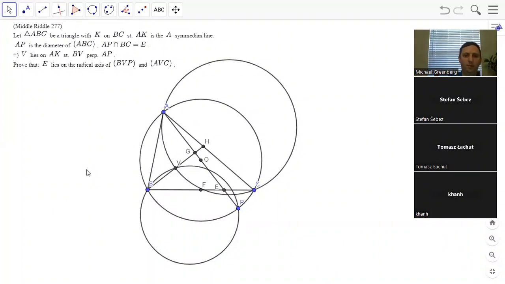Also, ABH is just angle C. That is an easy angle, obvious by this perpendicularity, because this is 90 minus this, which is 90 minus APB, which is 90 minus ACB.